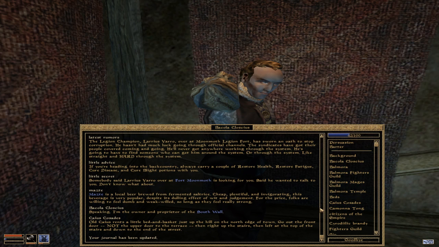Odysseus rents a little bed and basket just up the hill on the north edge of town. Go out the front door, not the upper door, to the terrace.